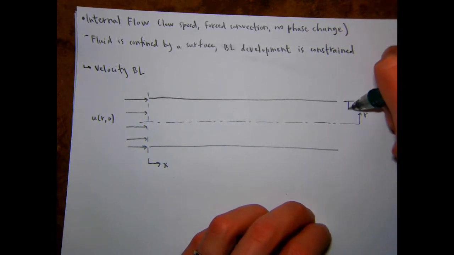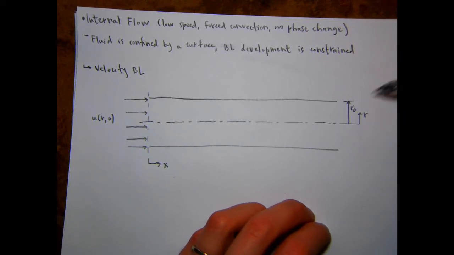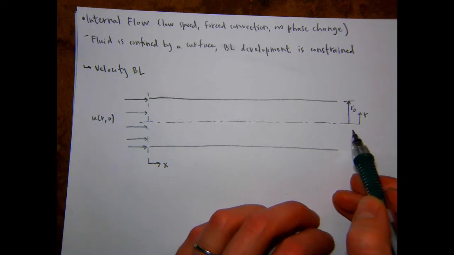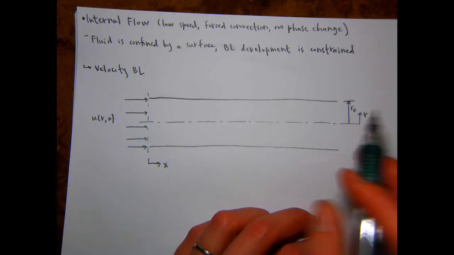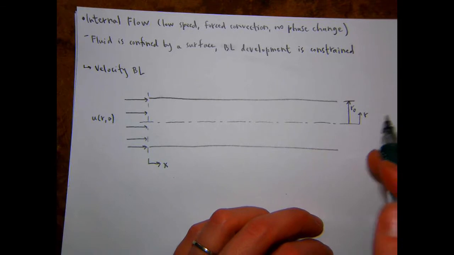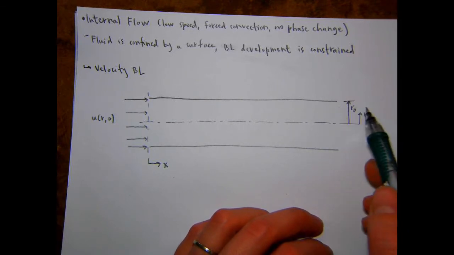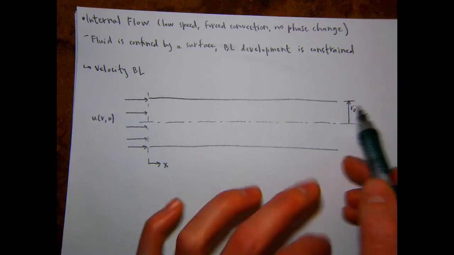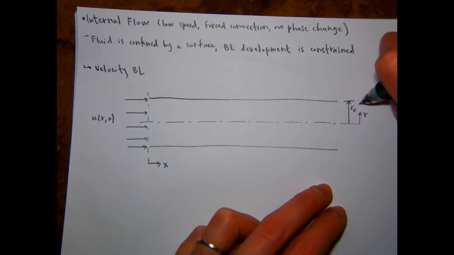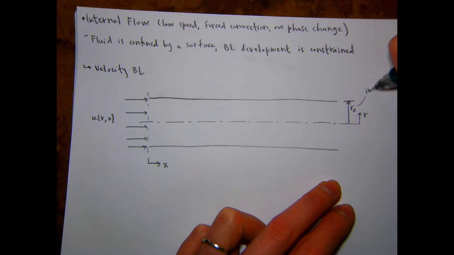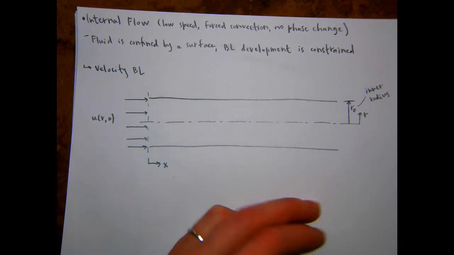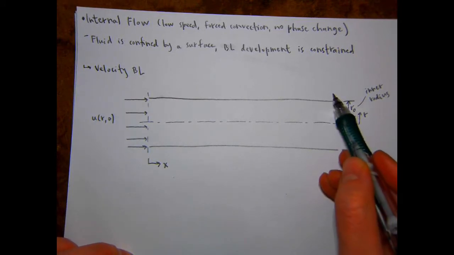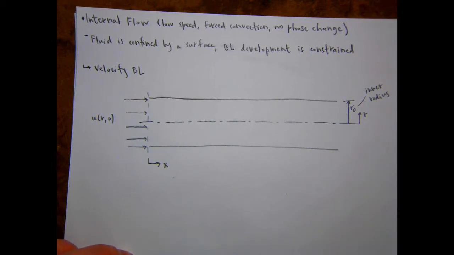And then the radius of the pipe is going to be R sub naught. And note that we're talking about the inner radius here. So for the conditions that we're considering right now, we're either assuming that we know the temperature of the inner radius, or it's just infinitely thin. Otherwise, you've got conduction through here that you have to consider.